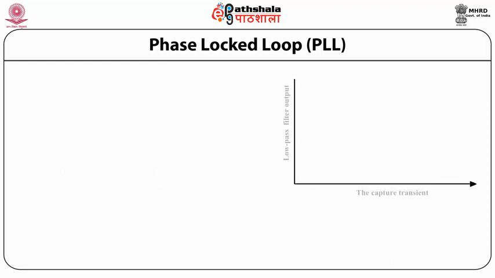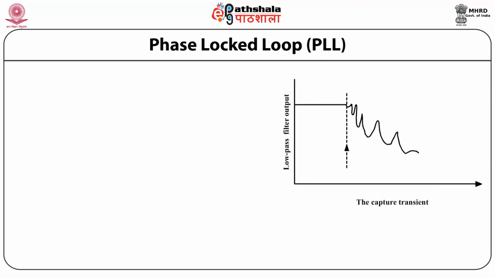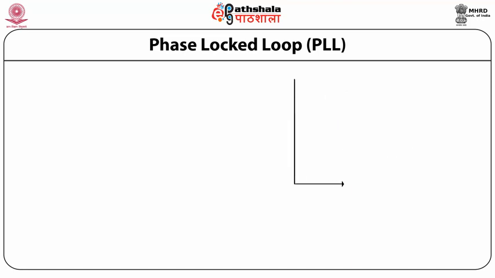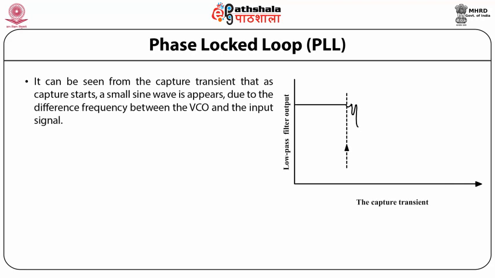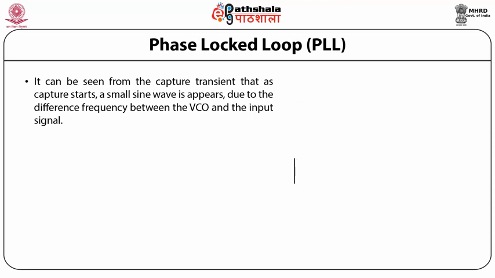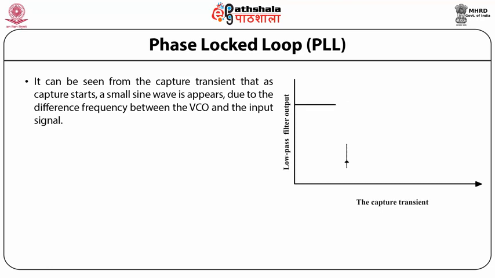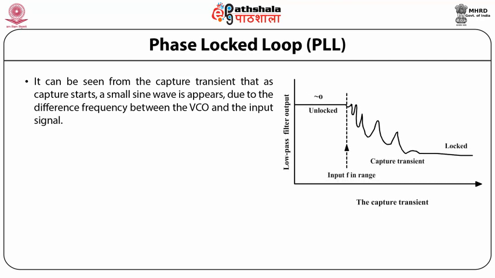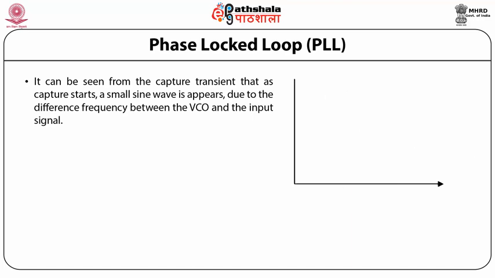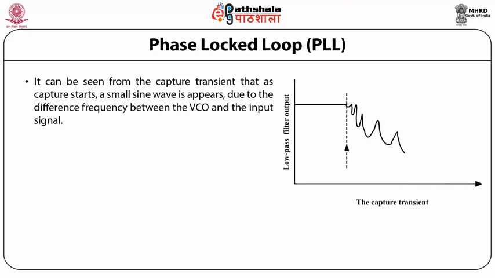This figure shows the transient of the low pass filter output versus the capture transient. It can be seen from this figure that as the capture starts, a small sine wave appears due to the difference in the frequency between the VCO and the input signal.